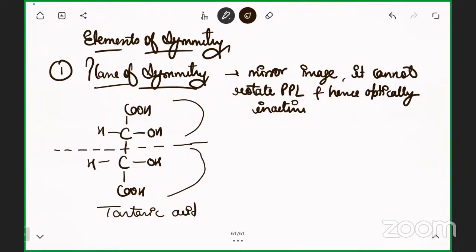This is called a plane. We have mentioned one plane from which the compound is bisected into two equal parts, and from which we can say they are mirror images. They are exactly cut into two equal halves. So this is called plane of symmetry.